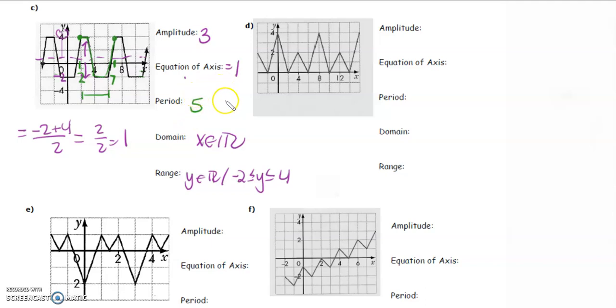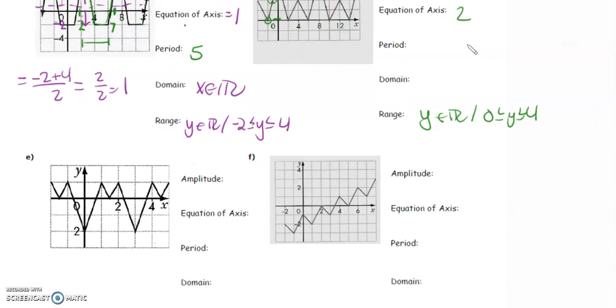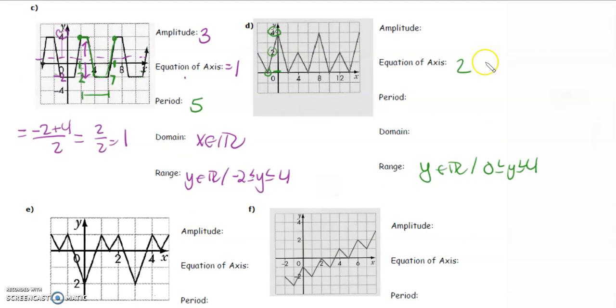Okay, D, the equation of axis. This is periodic, by the way. We're going from a max of 4 to a minimum of 0. So let's go range. We go from 0 all the way to 4. The middle number there, that's easy to identify, that's 2. So the amplitude, if we go from 2 up to the maximum of 4, that's 2 units.